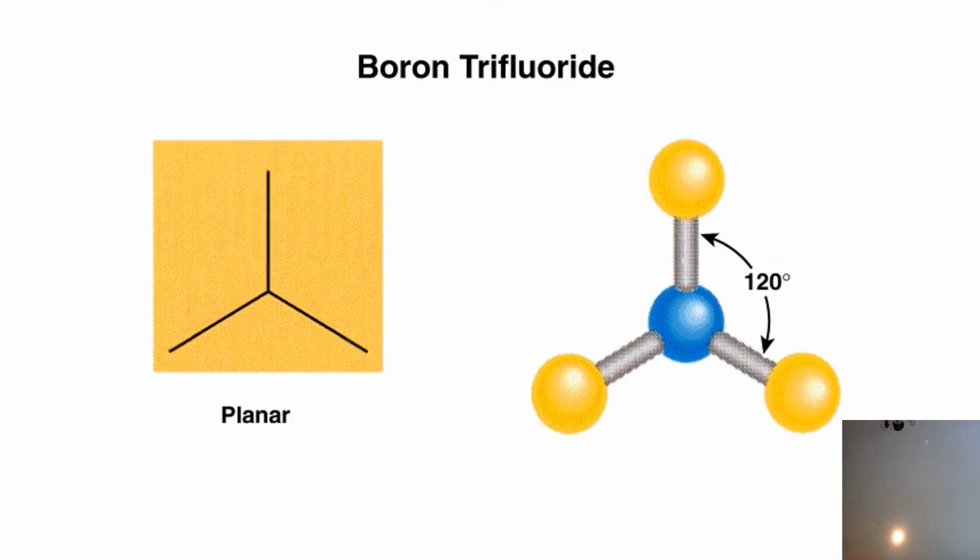Okay. Example, BF3. This was probably an example that I used in lecture, actually face-to-face, before our break. We also, I believe, looked at BH3. So most of the atoms that are going to bond with boron are going to be elements that only form one bond.